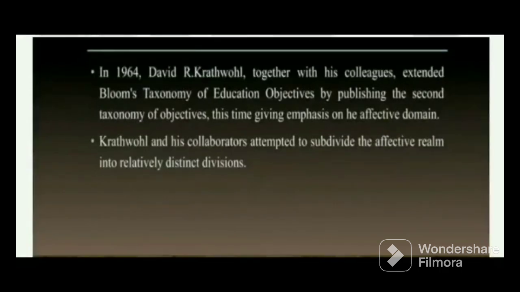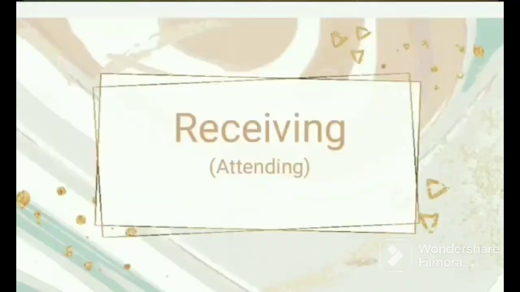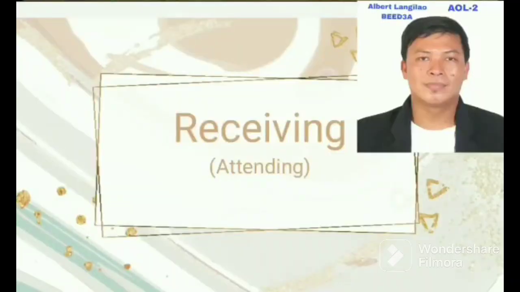This time, giving emphasis on the affective domain. Krathwohl and his collaborators attempted to subdivide the affective realm into relatively distinct divisions. Here are the 5 levels of the affective domain of the taxonomy of education.